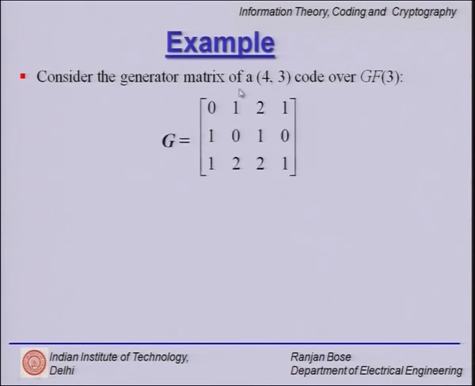So, the example is as follows. G is again a 3 cross 4 generator matrix, and it tells you that the k value is 3.